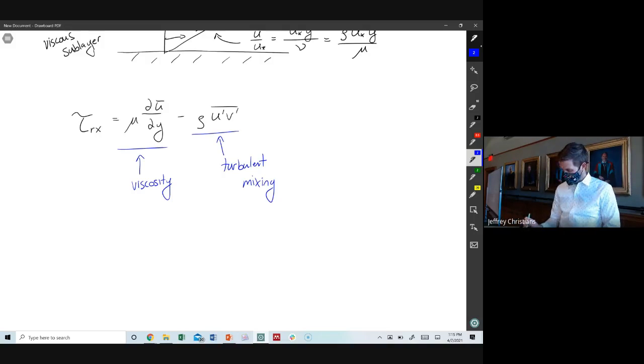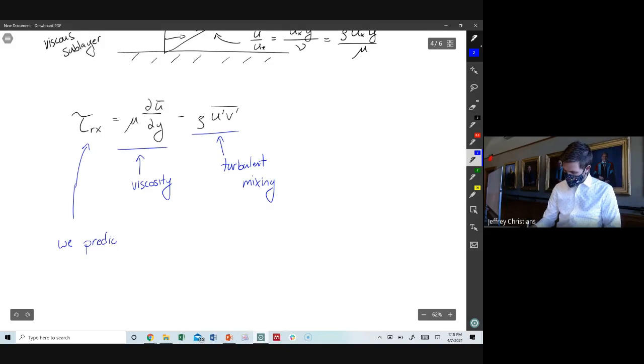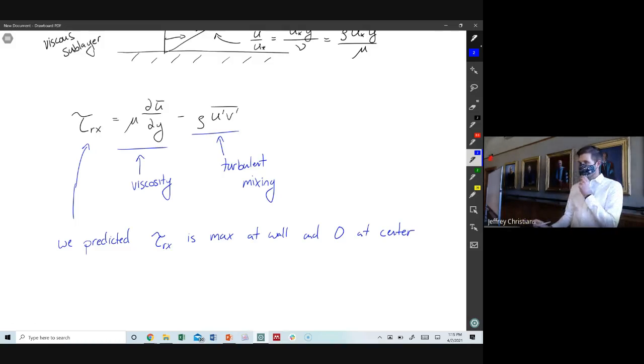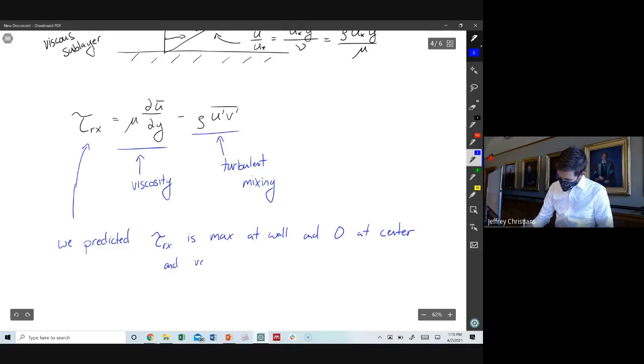If we look at some experiments looking at shear stress, we predicted that it is max at the wall, 0 at the center, and varies linearly.